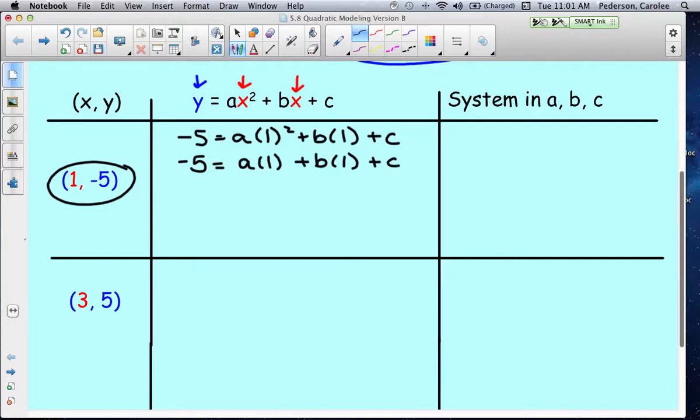And now I'm just going to drop those 1s because 1 times a is a and 1 times b is b. Now over here, I'm just going to write the equation a plus b plus c equals -5.